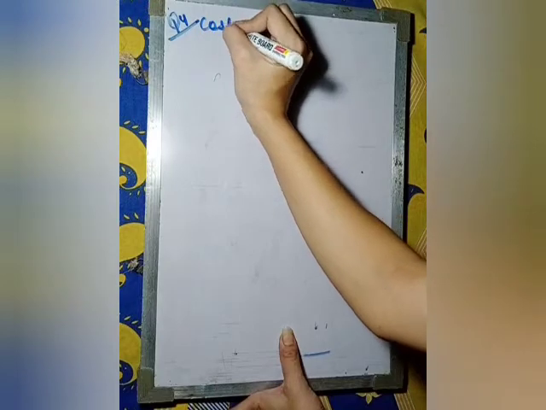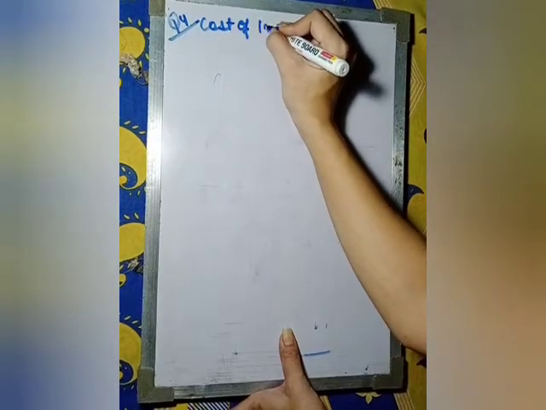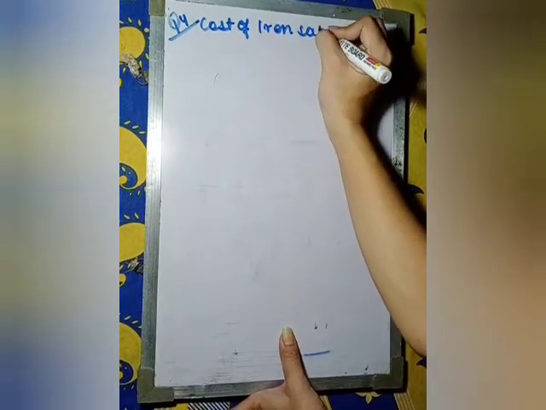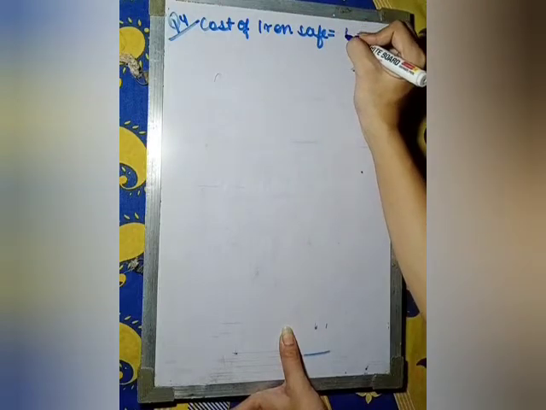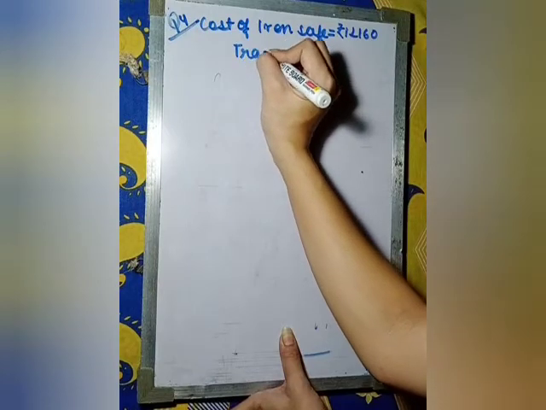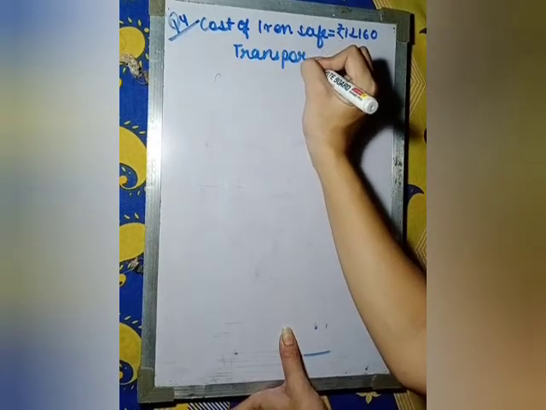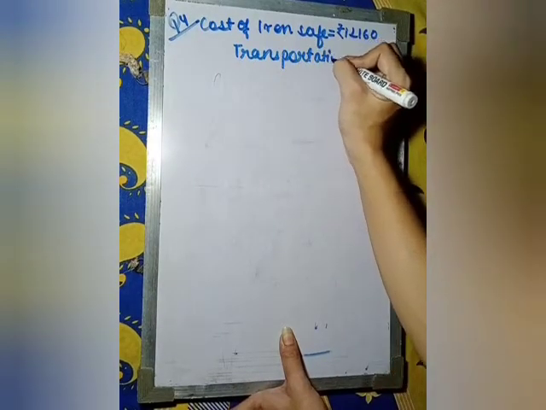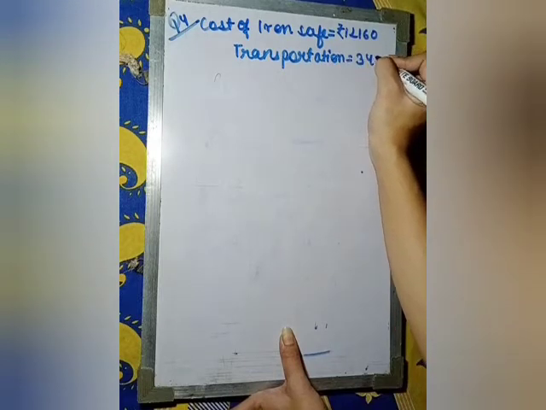So the cost of the iron safe is 12160. How much was the transportation cost? 340.